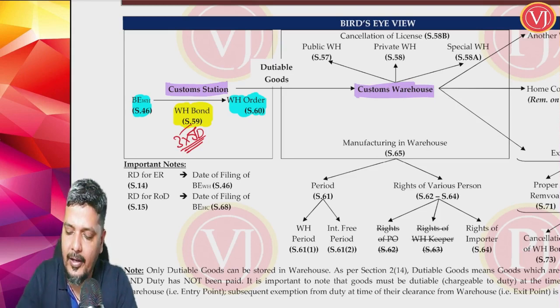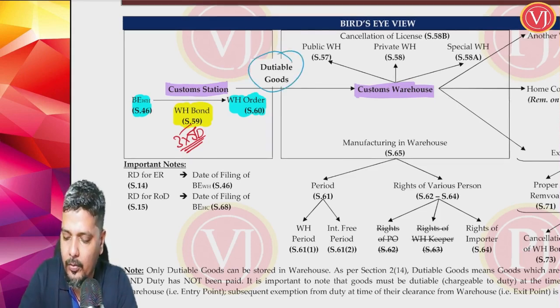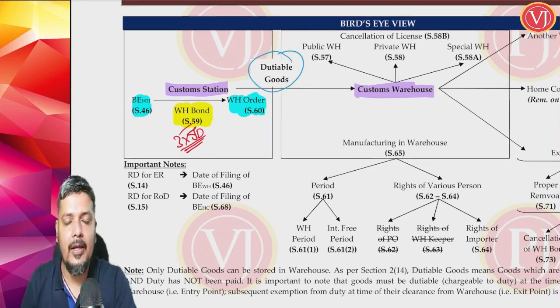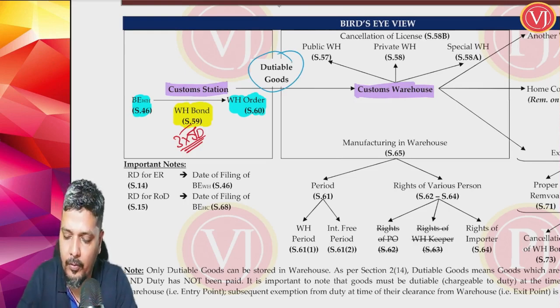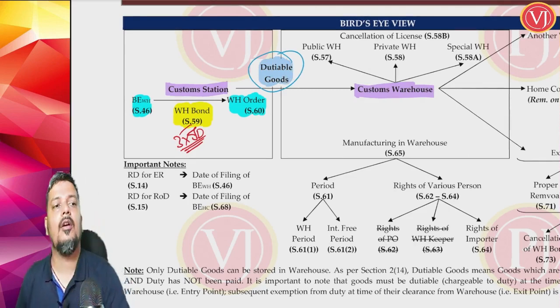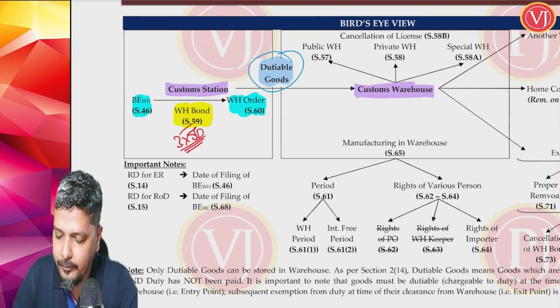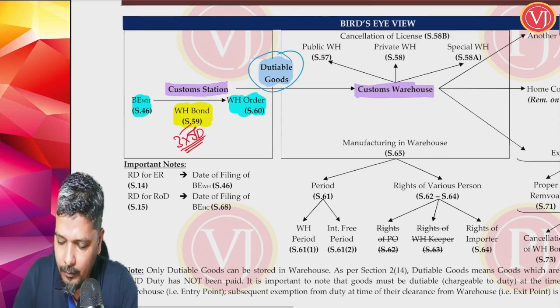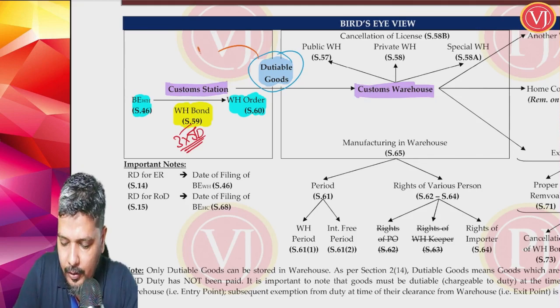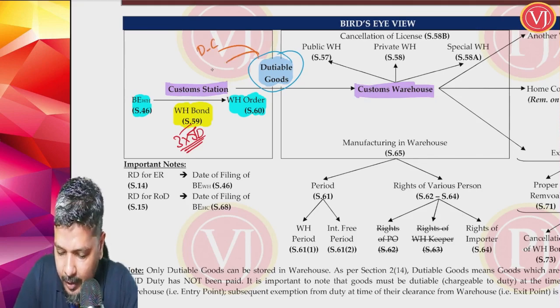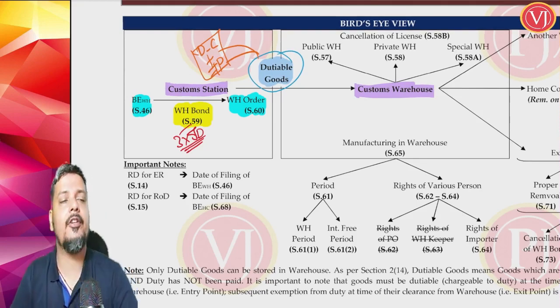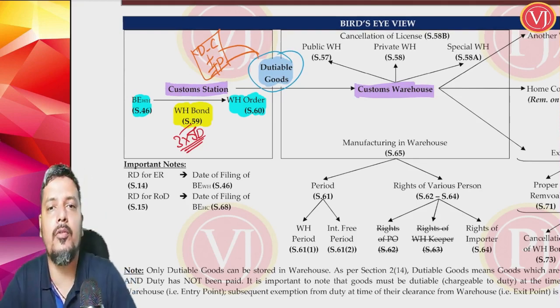And what goods can go to customs warehouse? Only dutiable goods can enter into customs warehouse. Only and only dutiable goods. What do you mean by dutiable goods? Goods on which duty is chargeable but not yet paid. If the duty itself is 0, can you take the goods to customs warehouse?